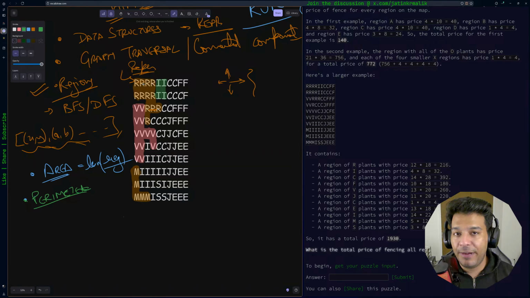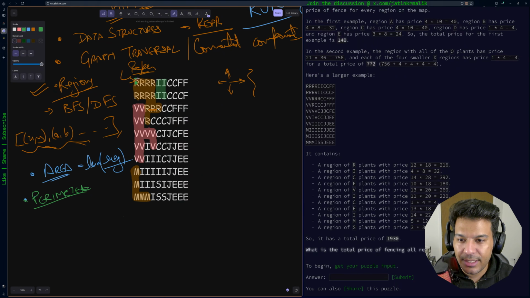So yeah, let's talk about the perimeter. To find the perimeter, you can start from any plant or plot in the region. Once you do that, you start with your perimeter at 0 and you start looking at the adjacent neighbor. As soon as you start with something, you add 1.